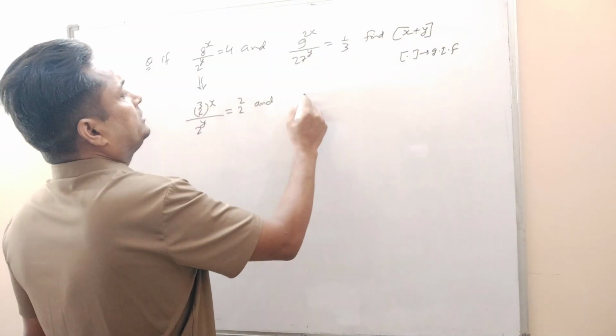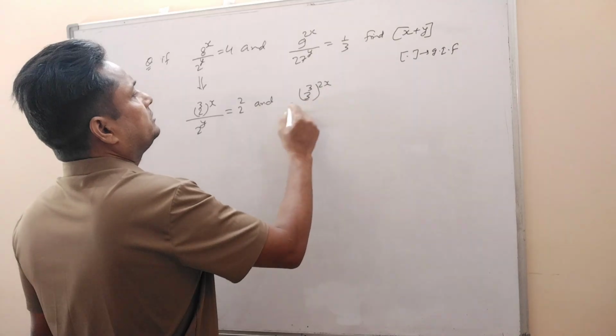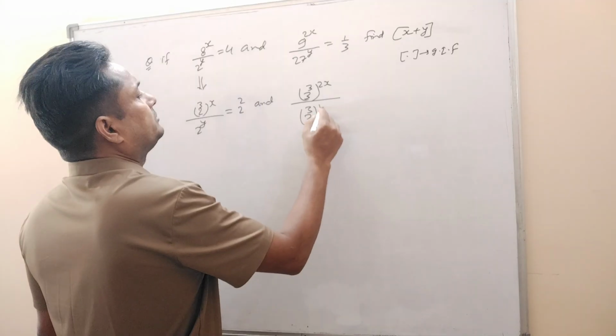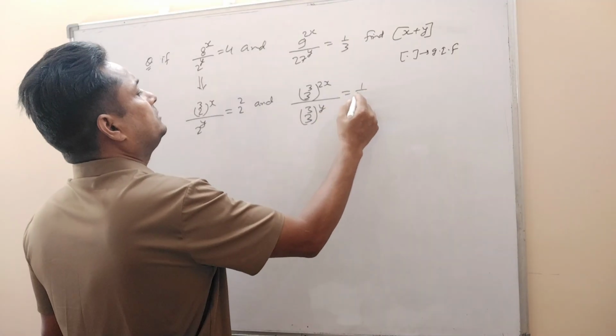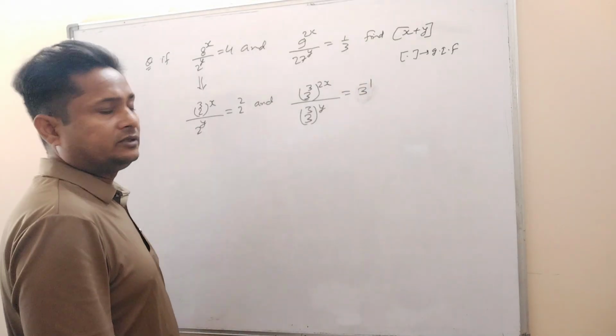And this can be written as 3 to the power 3 to the power 2x divided by 3 to the power 3 to the power y is equal to 3 to the power minus 1.